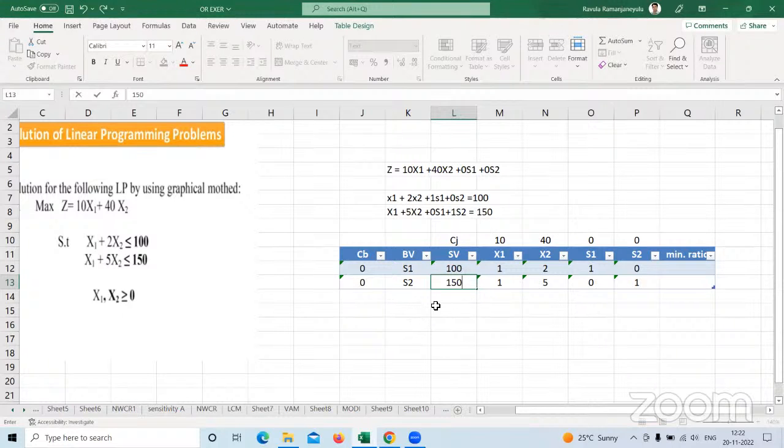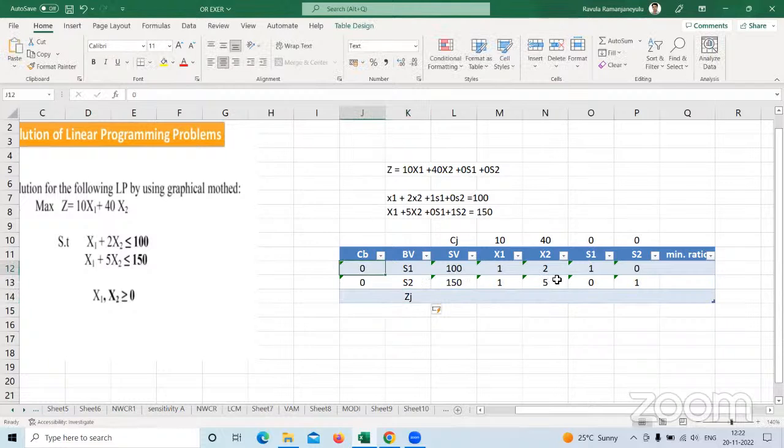After taking into consideration all these things, first we need to find out Zj. Zj is nothing but the multiplication of these coefficients with the solution column values. So 0 into 100 plus 0 into 150 is the value we should take here, 0 only in the first table, because if you multiply any values with 0, you'll get 0 only, right?